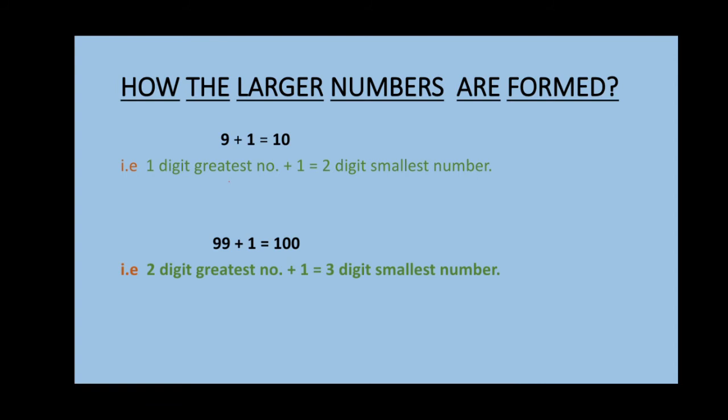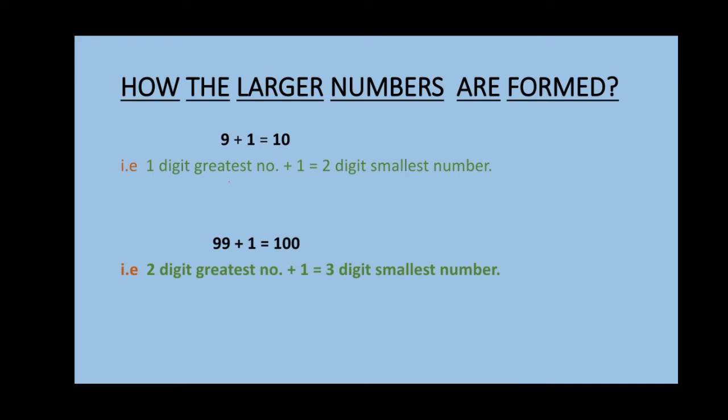You can see the third pattern, 999 is added with 1. So you have got 1000, and this 1000 is the 4-digit smallest number.